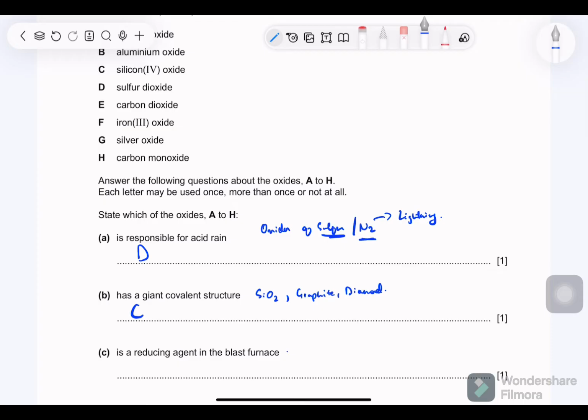This topic is best studied from the syllabus. Okay, so which is a reducing agent in the blast furnace? We know carbon monoxide, H. Carbon monoxide reacts with Fe2O3, the iron ore, to form Fe plus carbon dioxide.